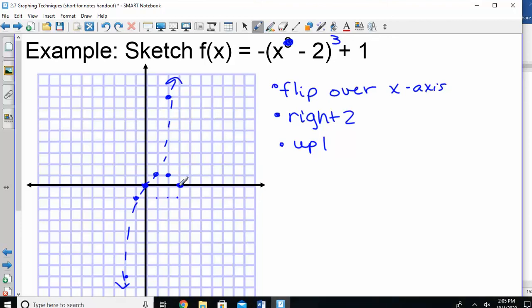If I did 2, 8, and I flipped it, it would go down to 2, negative 8. Right 2, up 1. Again, you have to do 3 points, but always have the option of doing more. If I took negative 1, negative 1, flipped it, it goes up to positive 1. Right 2, up 1. So we're seeing our graph now. Something like this.